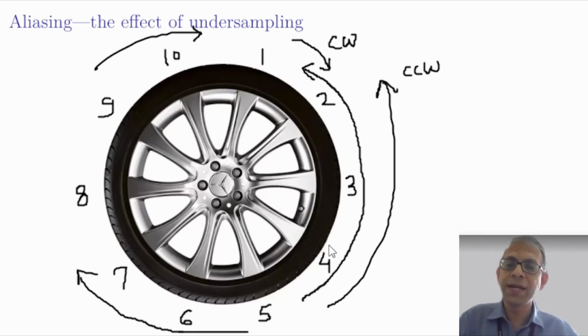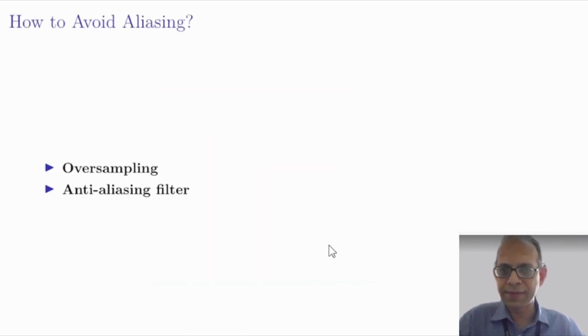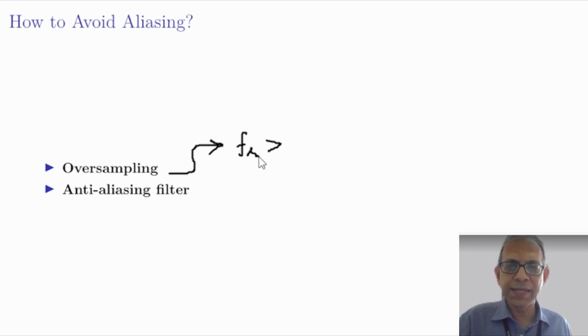So I hope this idea of aliasing is clear. How can we avoid this effect of aliasing? There are two ways. First, go for oversampling, that is, sample at a rate sufficiently larger than the Nyquist rate.